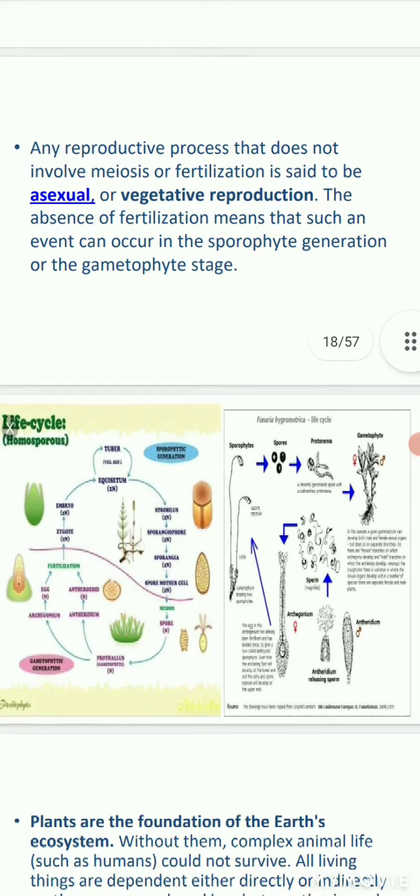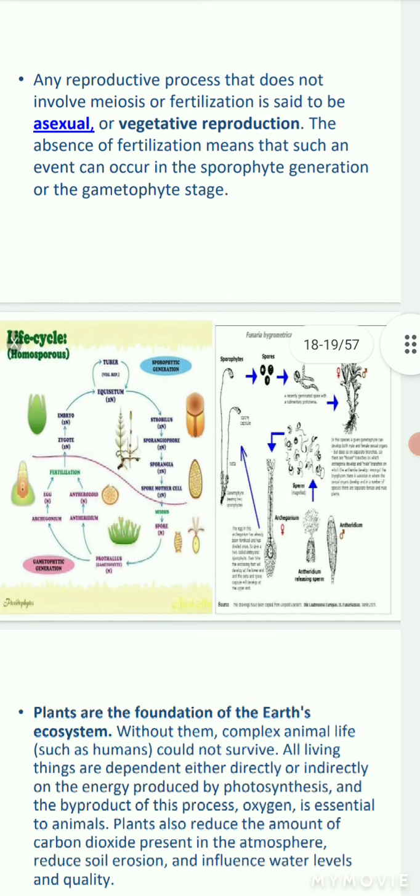When we want to know about a life cycle or alternation of generation, this diagram will help you to know how they develop from a single zygote. Here are the small spores which are going to germinate.